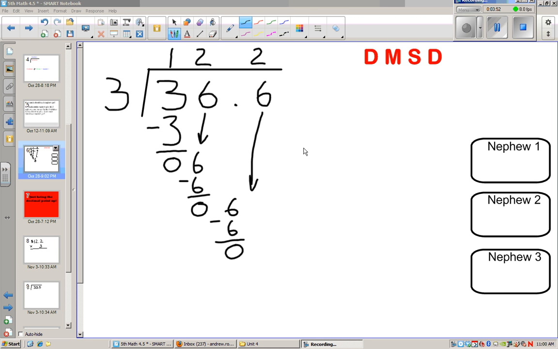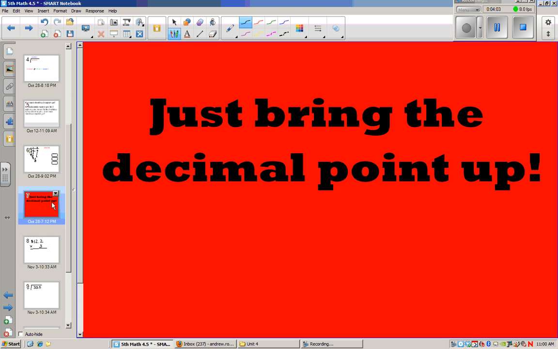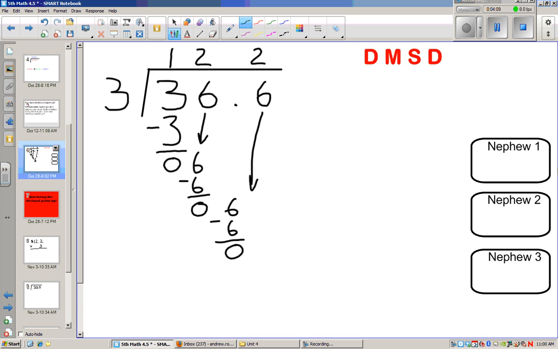So what I need to do is find the right spot for that decimal point. And here's the great thing about doing decimal division where the only decimal is in your dividend. You can just bring the decimal point up. So if I do that over here, my decimal point's right down here. If I've been careful, I can just make an arrow and bring the decimal point up into the answer.